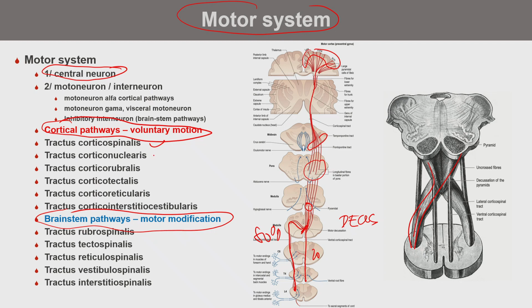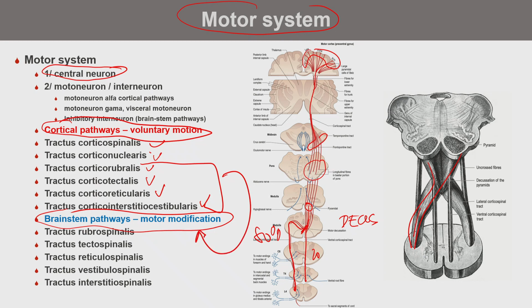The other tracts, corticonuclear, corticorubral, corticotectal, corticoreticular, and corticovestibular, are additional tracts which are modifying the brainstem pathways.